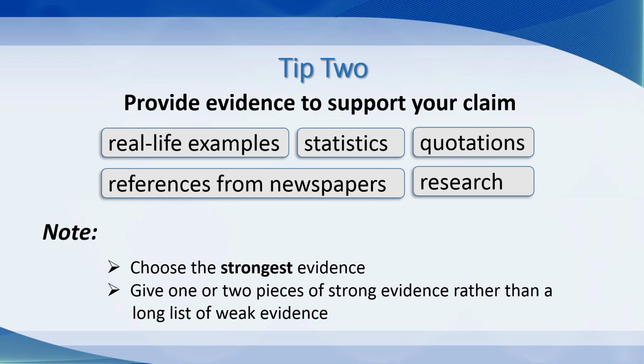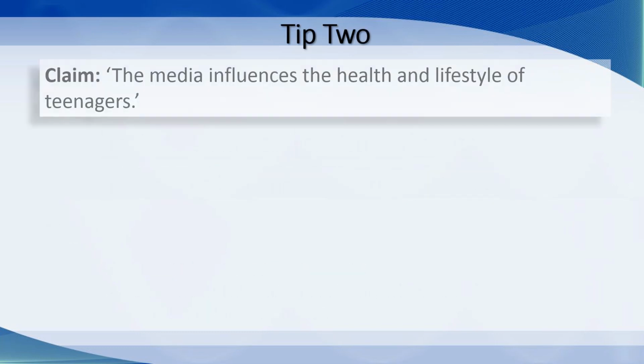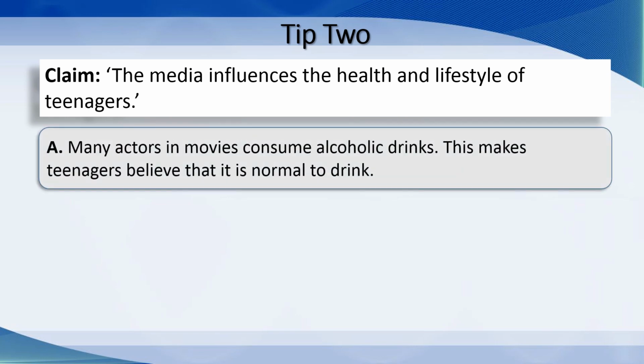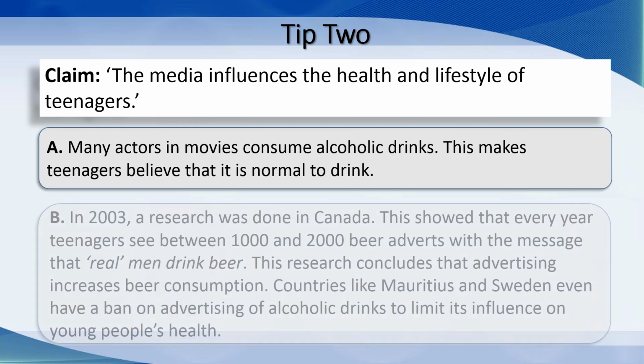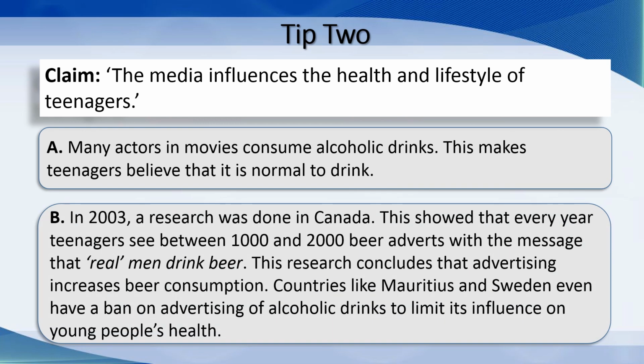Let's give it a try and see which of the given evidences strongly supports the claim that the media influences the health and lifestyle of teenagers. Evidence A: many actors in movies consume alcoholic drinks. This makes teenagers believe that it is normal to drink. Then we have Evidence B: in 2003, a research was done in Canada.